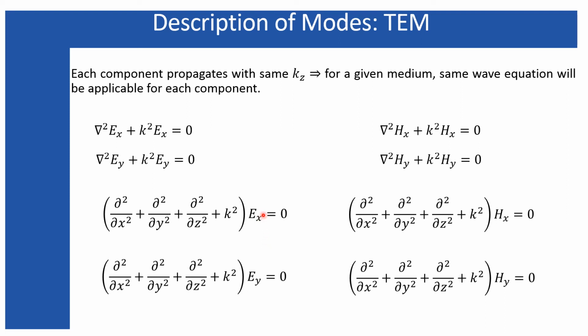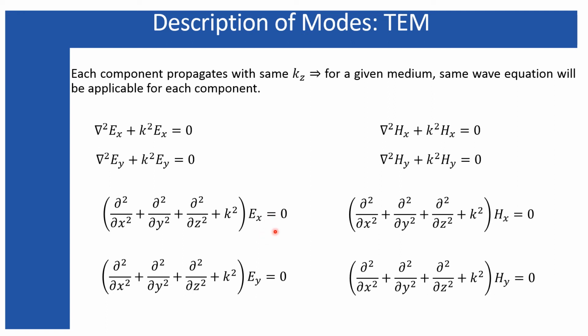So if you replace this Ex by its z-dependent expression and xy-dependent expression, because right now we don't know how this Ex depends on the x and y directions, but we know how it depends on the propagating direction. The dependence of Ex, Ey, Hx and Hy along the direction of propagation is based on the factor e to the power minus j times kz times z.